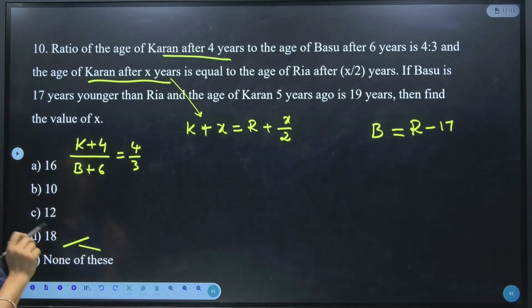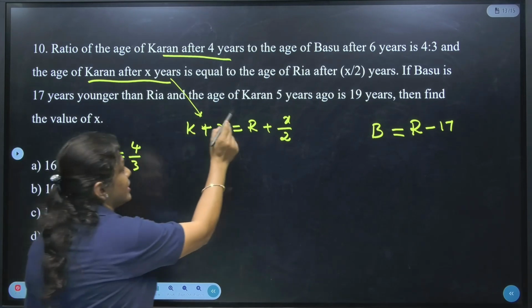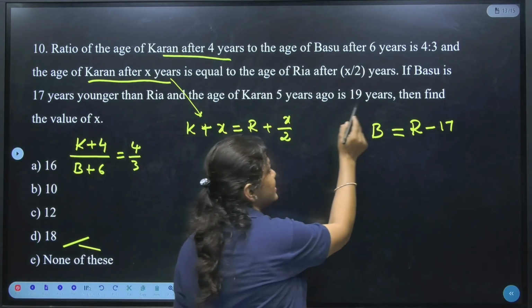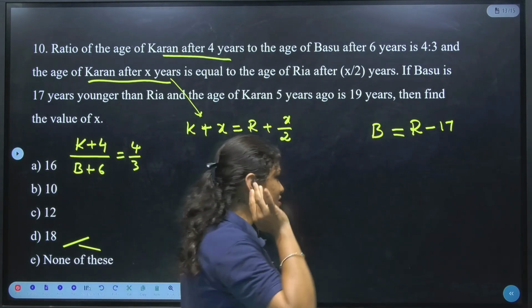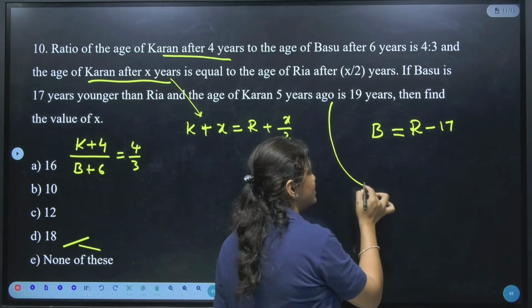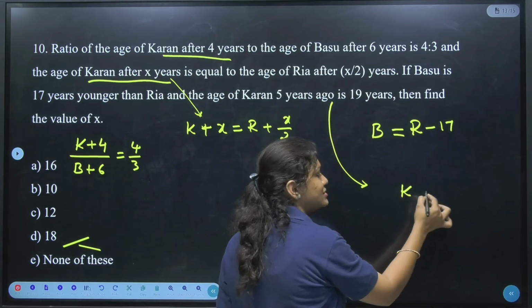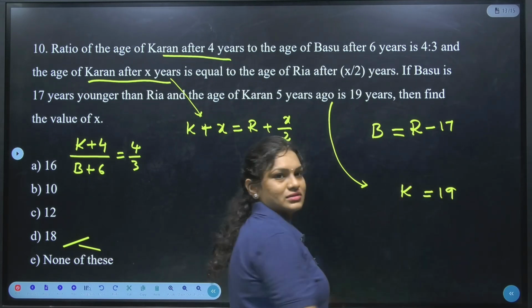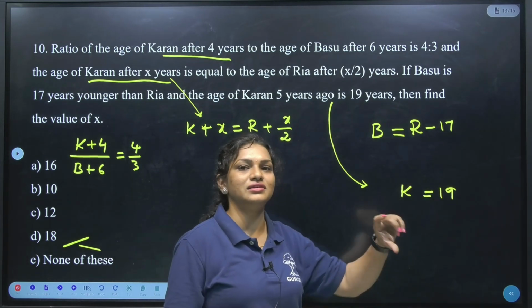Next. One more condition they have given. The age of Karan 5 years ago is 19 years. Based on this condition, the 19 years is the age 5 years ago.